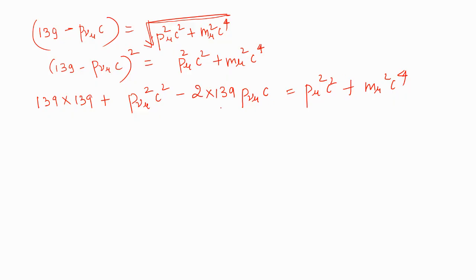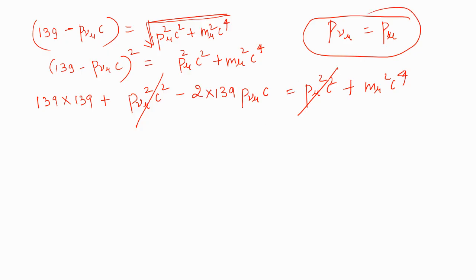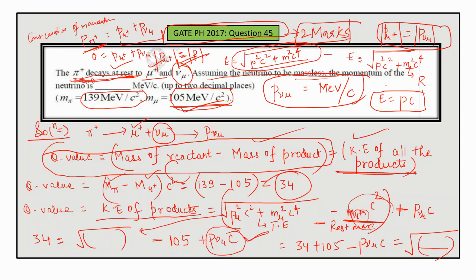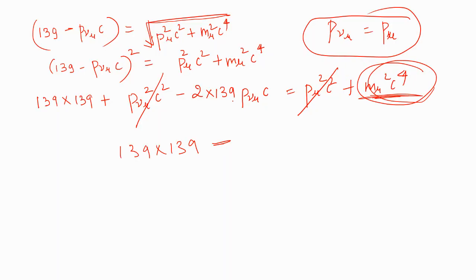Now one thing: these two terms will cancel, because I have just told you that the momentum of the neutrino is equal to the momentum of the muon. So that is why these two terms cancel, and this is 139 × 139 minus this term, which is given in the question. So this will be 105 × 105.